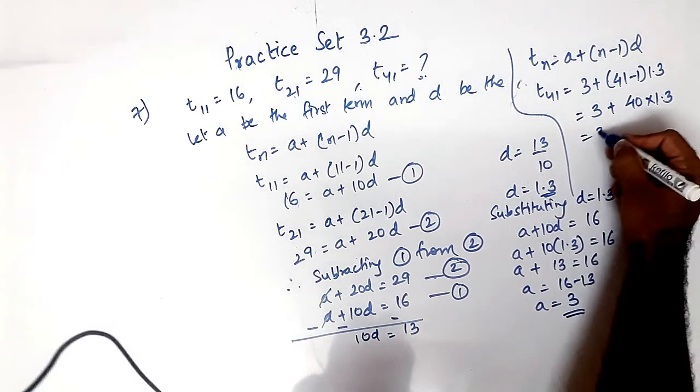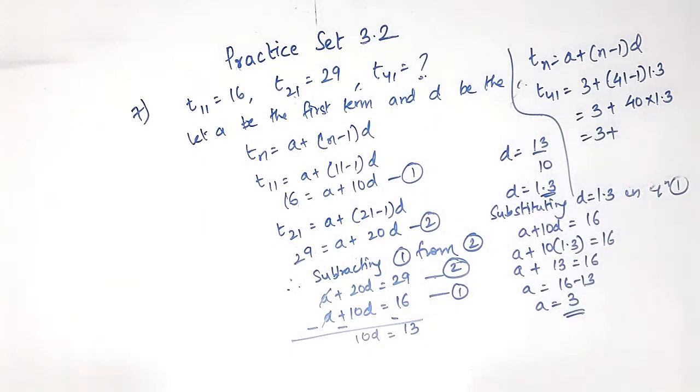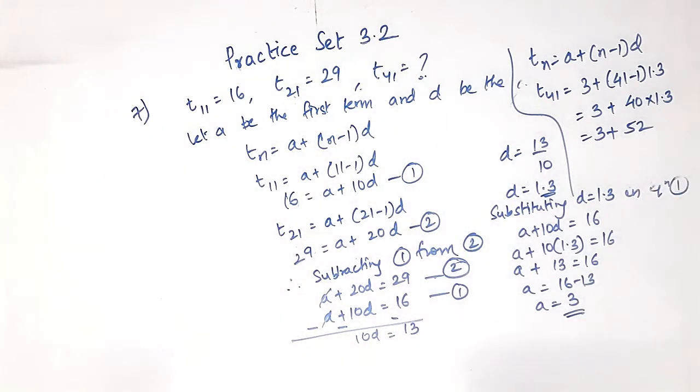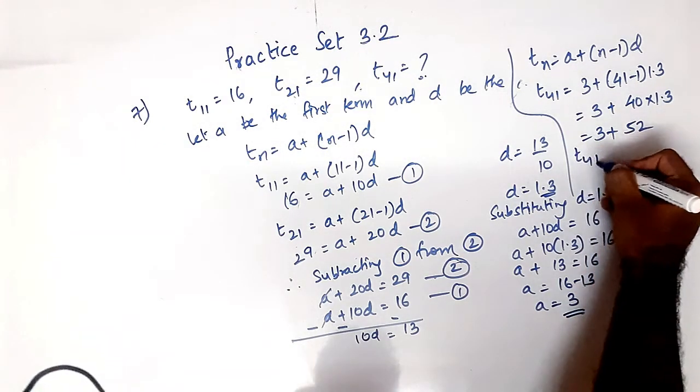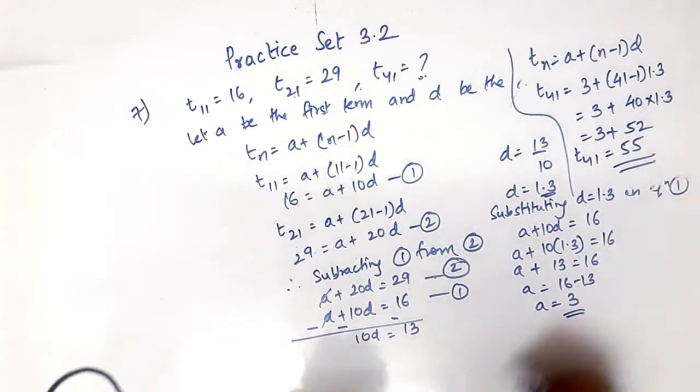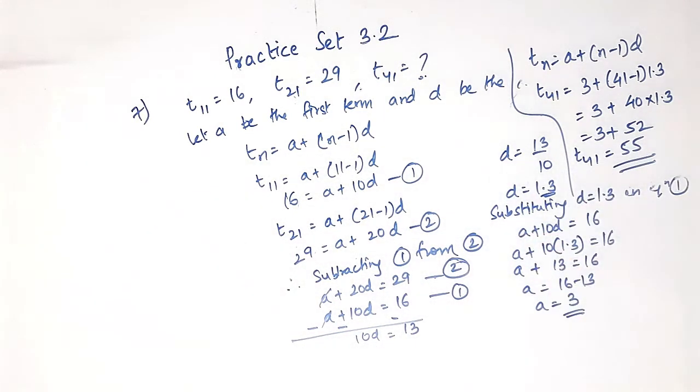Okay, so 3 plus what is 40 into 1.3? You know 13 4s is 52. So this will be 52. Okay, so T41 will be 52 plus 3, that is 55. So this 41st term is 55. This is your final answer. Clear? Let us move on to the 8th one.